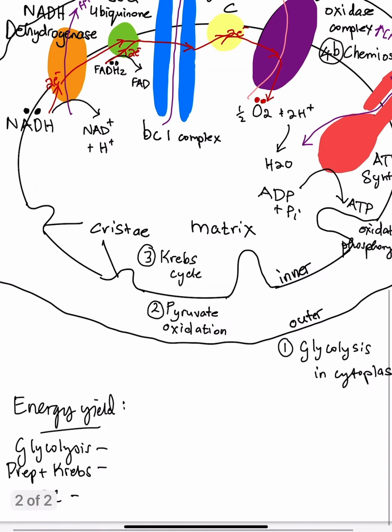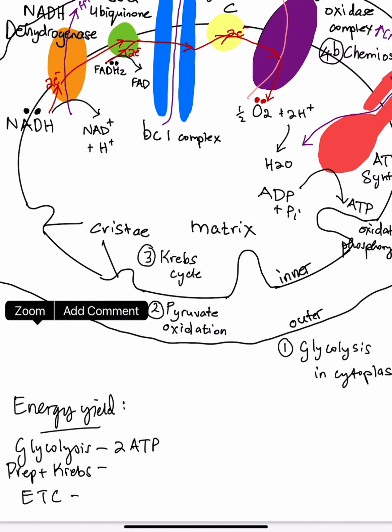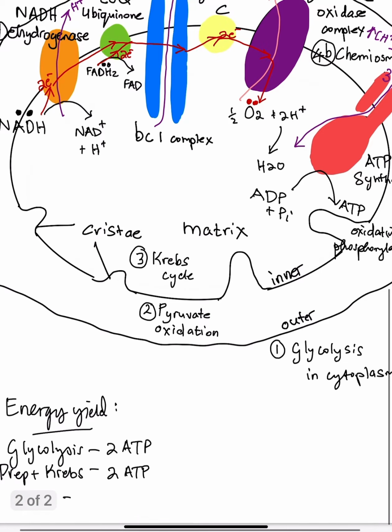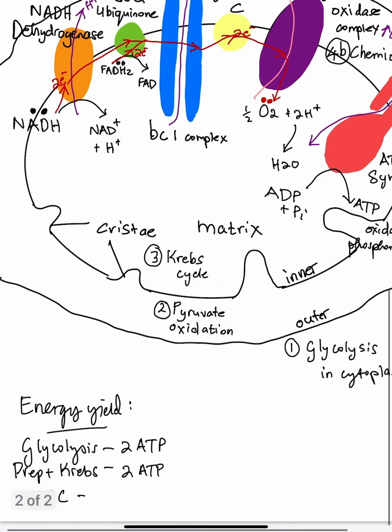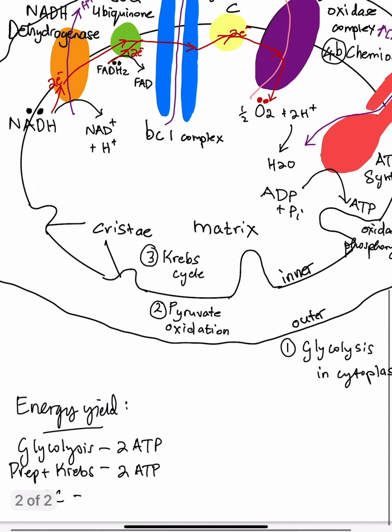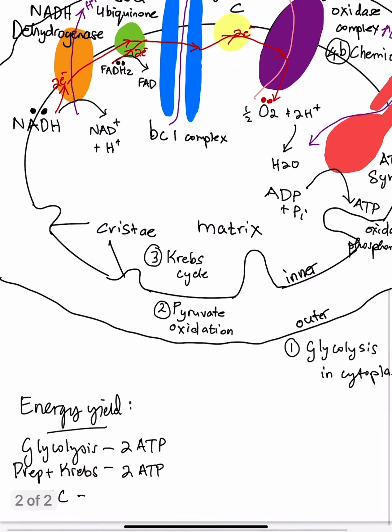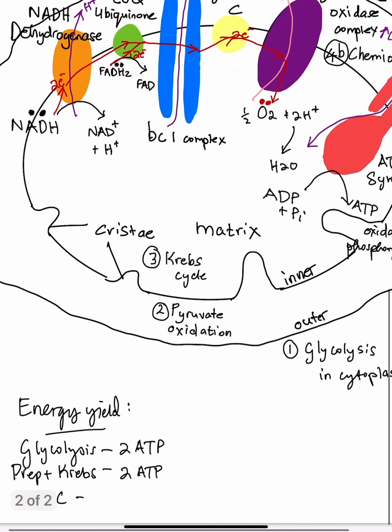Previously, we learned that 2 ATPs result from glycolysis, 2 ATPs from the prep reaction and the Krebs cycle, and now, theoretically, from 10 NADH molecules and 2 FADH molecules that arrive here, we can produce quite a lot of ATP.